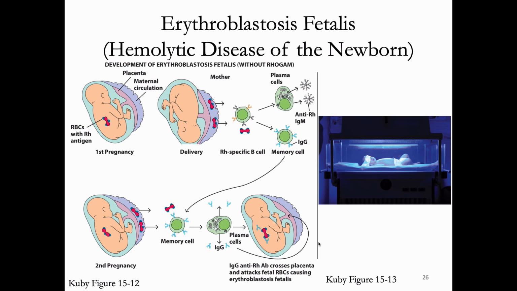And those antibodies will destroy the baby's red blood cells, which have the RH antigen on them. And so in the end, the baby is going to be born with no red blood cells. The baby's going to be born with anemia. The dead red blood cells also lead to some other problems, which is excess bilirubin that ends up being part of the reason why the baby is in the incubator. And so you can see that this could be a really big problem.